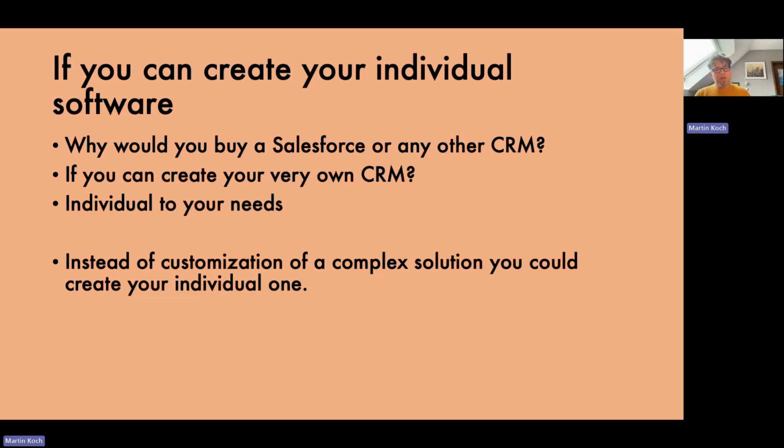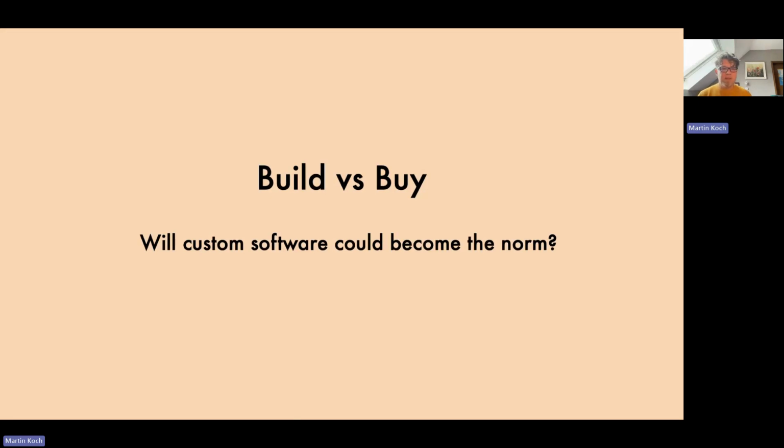This will, of course, disrupt a lot of industry if this holds true and if people go that way. So the build versus buy question could change drastically. I think there's still a lot of uncertainty in the statement, though, because existing software also brings best practices.